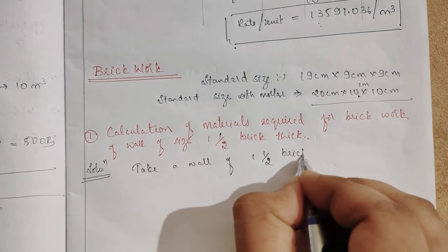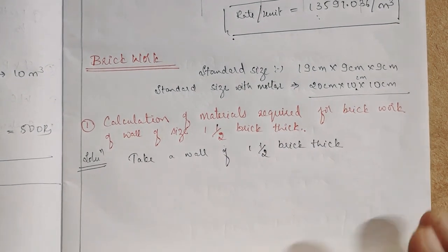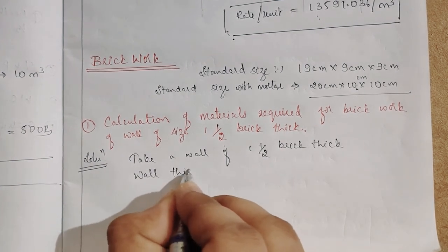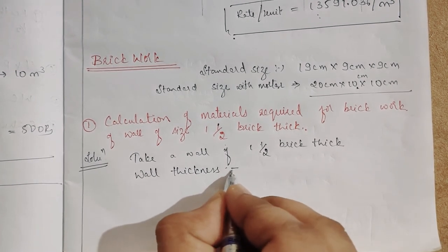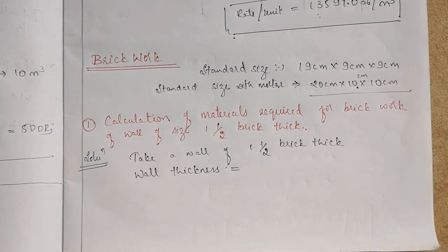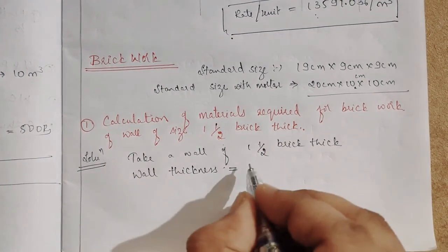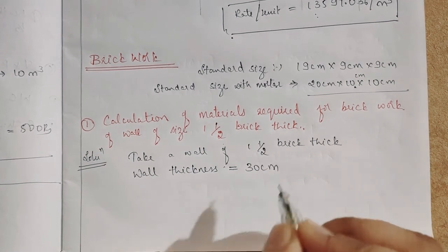1.5 brick thick, correct? Now, when we come to wall thickness, how much will be the wall thickness for 1.5 brick thick? It will be 30 centimeter, right?